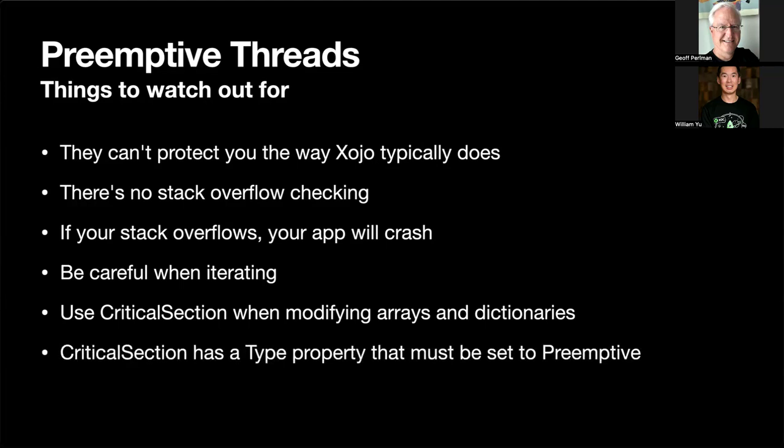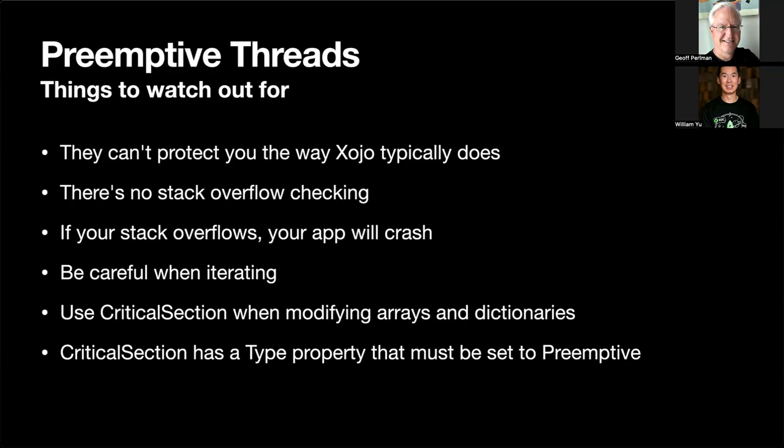Oh, and one important point, when you use a critical section with a preemptive thread, critical section has a type property, and that needs to be set to preemptive as well for it to work properly in a preemptive thread. There's also semaphores, which I think of as a lower level component, similar to critical section.